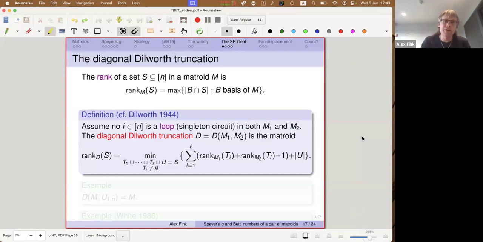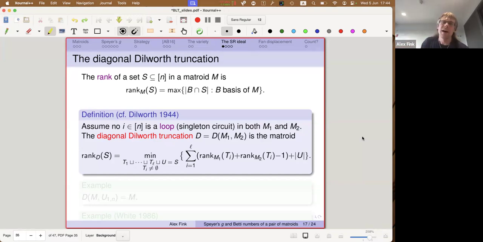We call it the diagonal Dilworth truncation because it's like the diagonal bit of Dilworth's original Dilworth truncation from 1944, which was: if I've got a geometric lattice and I want to knock out the rank 1 elements and make a new matroid whose elements are the rank 2 things in my original matroid, the Dilworth truncation is a way to complete that bottom truncated lattice back up to a geometric lattice.